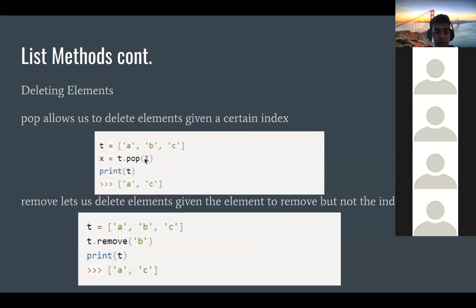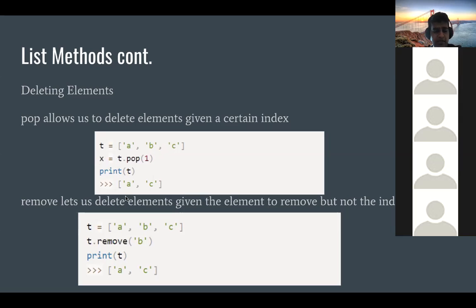Now, when you say pop(1), it'll look for the first index, and it'll remove that from the list, and then you can reassign that value. And when you reassign it, you see how t is A, C because the element B is gone.